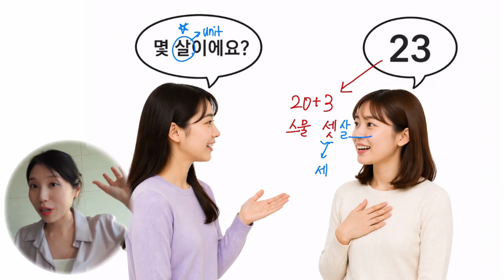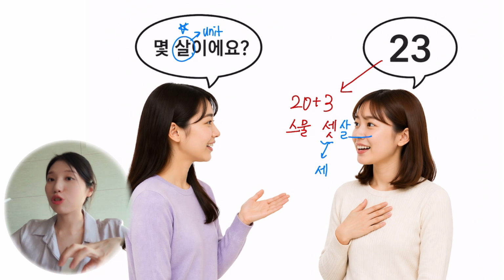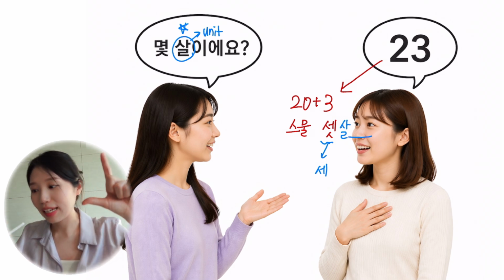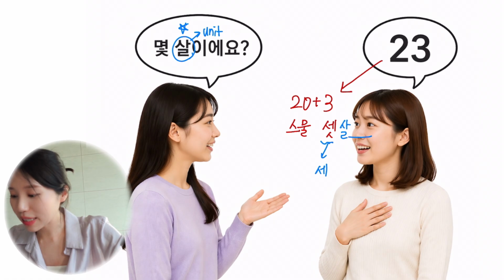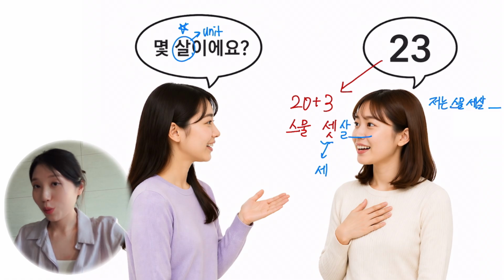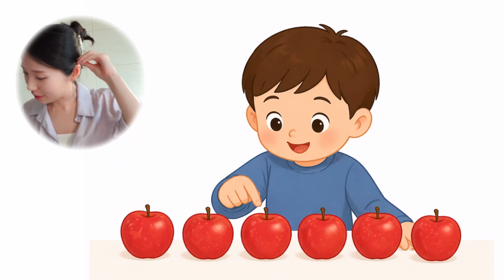When the native Korean number 3 is combined with a unit, the 셋 sound changes to 세. So here also the complete answer is 저는 스물세 살이에요. That's it. Okay? Alright, great. Okay, let's move on to next.